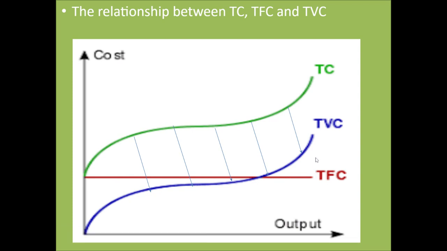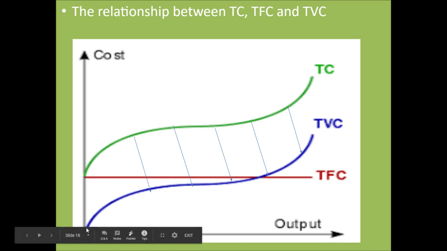Talking about the TVC curve, which is shown in a blue line. Students, total variable cost is that cost that keeps on changing with change in output. Since it is a variable cost, it varies with the level of output.